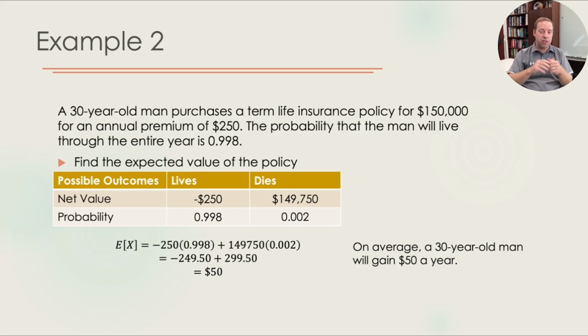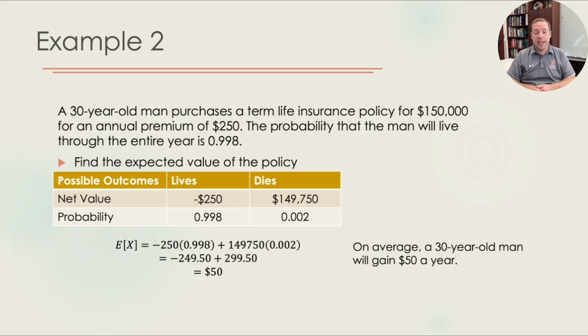So in this particular case of a 30-year-old man, prime of his life, healthy, he's very unlikely to pass away. So it's unlikely that the insurance company will have to pay out. They're losing a minimal amount of money on him. But as he gets older and older, his premium increases. Pretty soon, the insurance company will benefit from that more than they'd have to pay out.